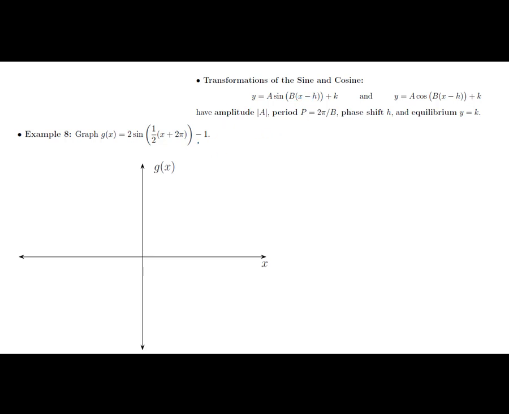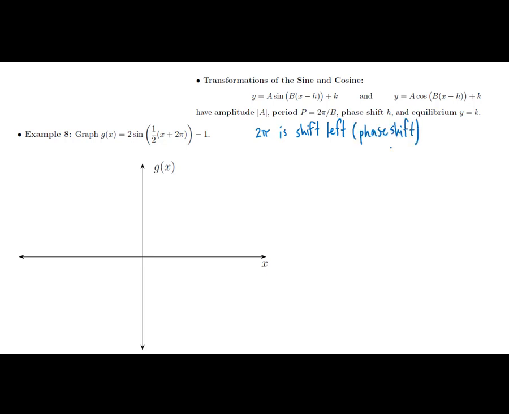So for example, because this 1/2 is factored out of these parentheses, I can start by saying that we say 2 pi is the shift left, right? I guess to be more proper, it's the phase shift.